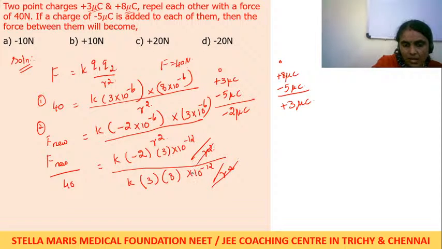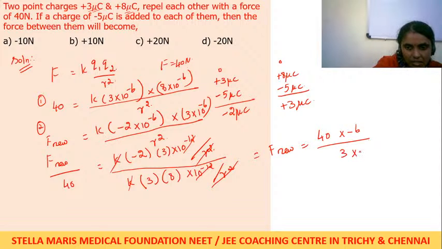So this r squared and r squared will get cancelled, K and K will get cancelled. Likewise, 10 power minus 12 and 10 power minus 12 will get cancelled. Okay, have you all understood, or do you have any doubt? So we get F new equal to 40 into minus 6 divided by 3 into 8.